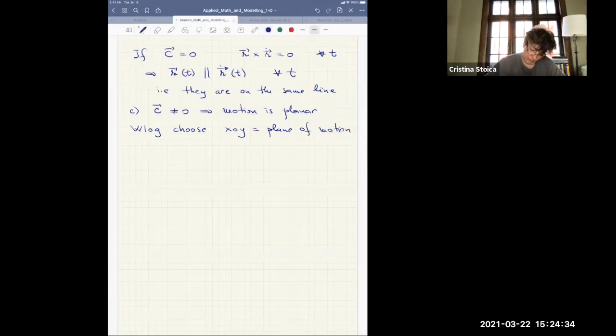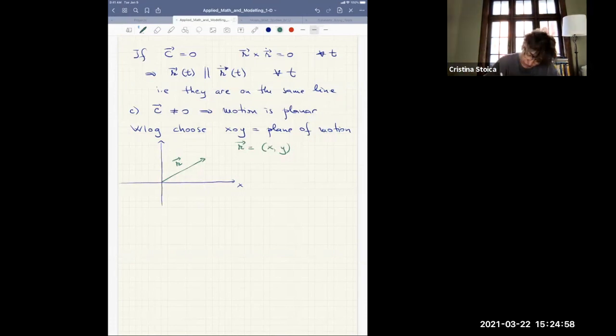I don't need it anymore, and everything now happens in a plane. So here's our guy, r, and now r is just an x and y, because there's no point in having the z-axis considered.